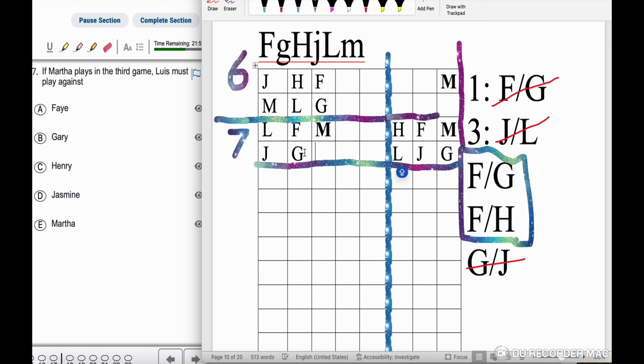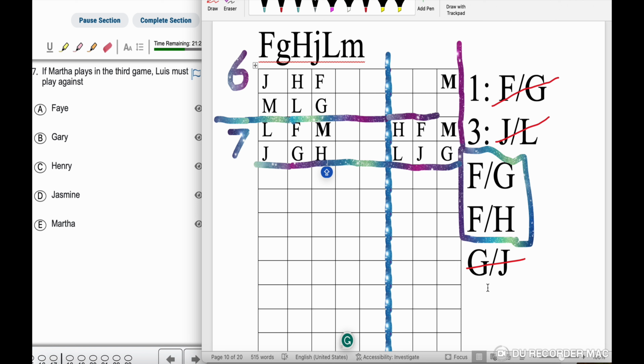L cannot go in game 3, so I'm going to go ahead and put G. I'm going to put L in 2. Then I'm going to put F against G. And then I'm going to put that last letter, the F, G, H, in here. So right now, I have these 2 worlds that I created that meet the conditions. 1, F and G are not in the first game. 3, J and L are not in the last game.